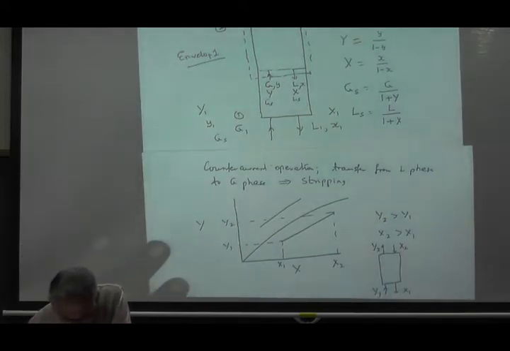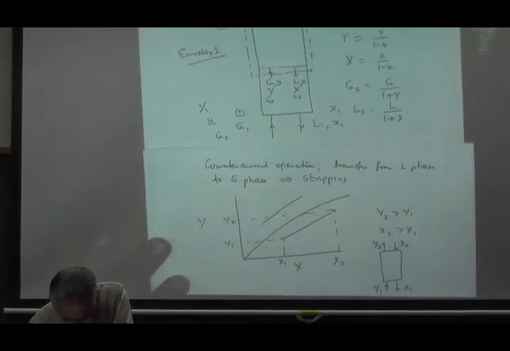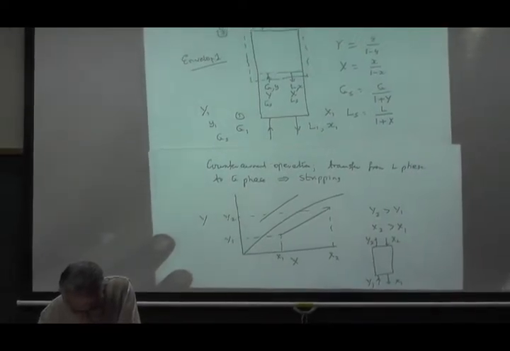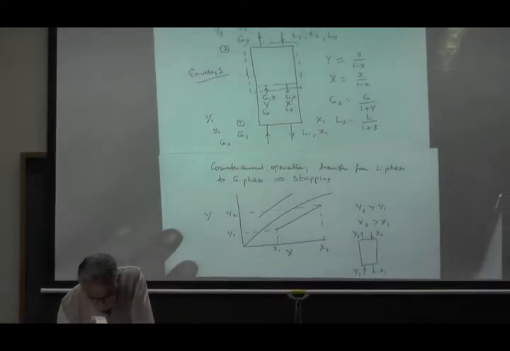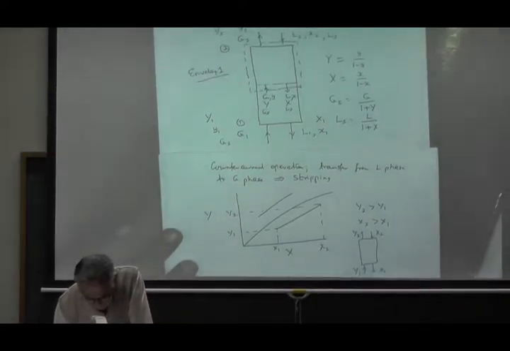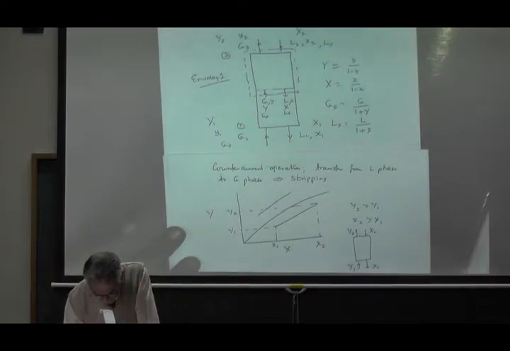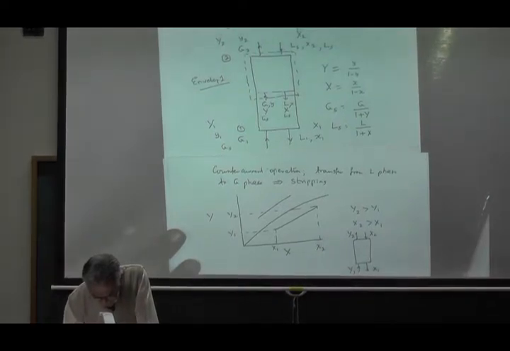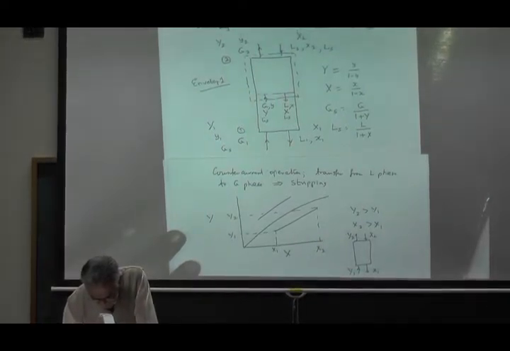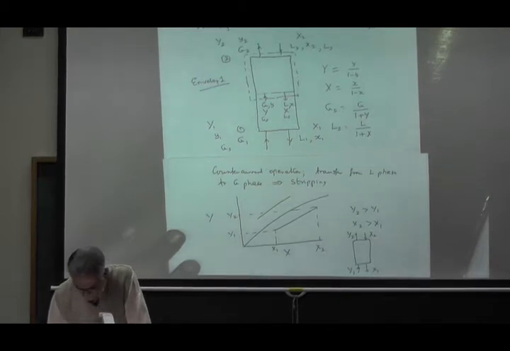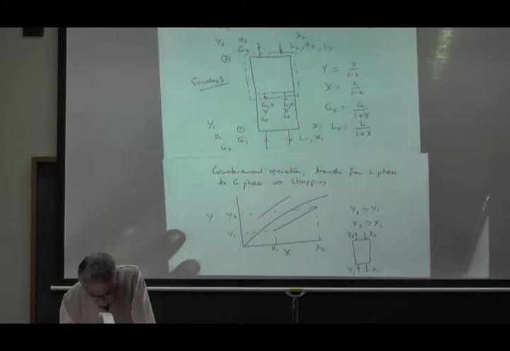Ls x2 plus Gs y1 is equal to Ls x1 plus Gs y2, or you can have that Gs times (y1 minus y2) is equal to Ls times (x1 minus x2).